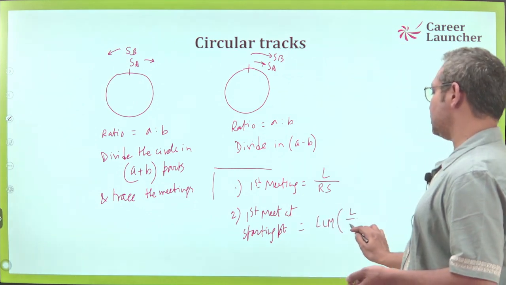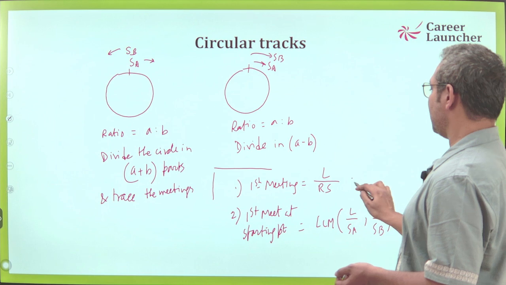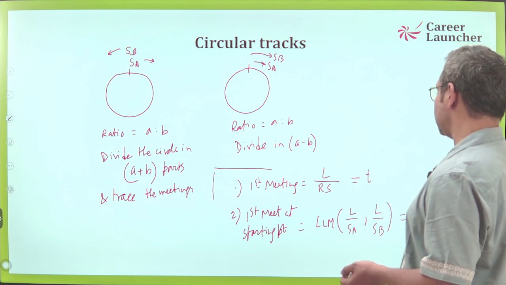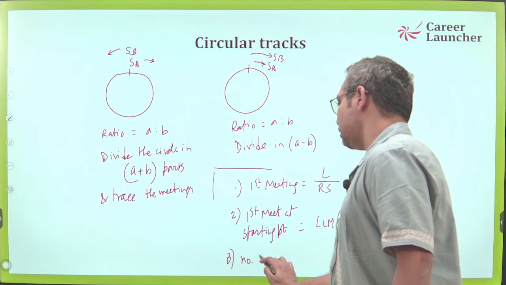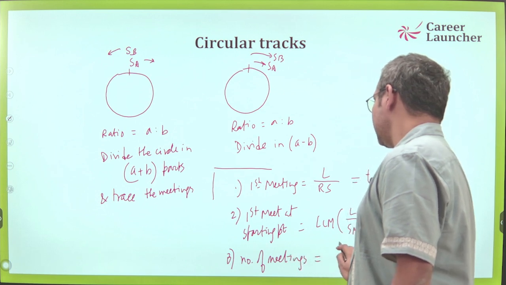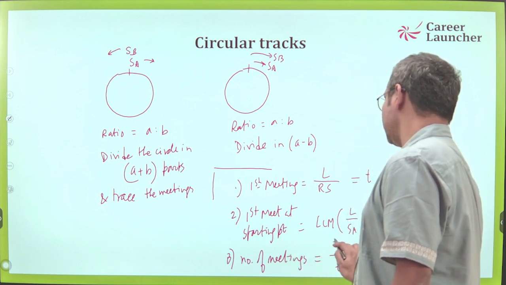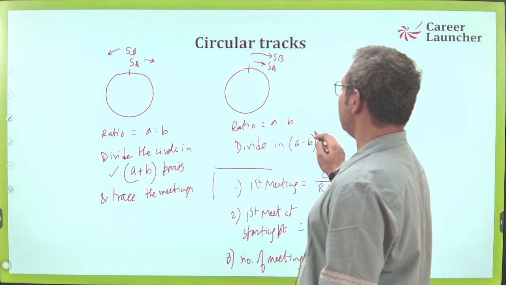So length by speed of A, length by speed of B. If I call this small t and if I call this capital T, point number 3, number of meeting points, that would be T divided by small t, and this will be the same as what we are getting as A plus B or as A minus B.